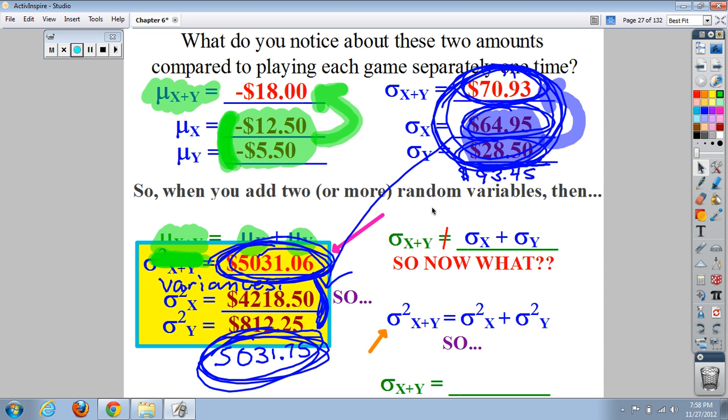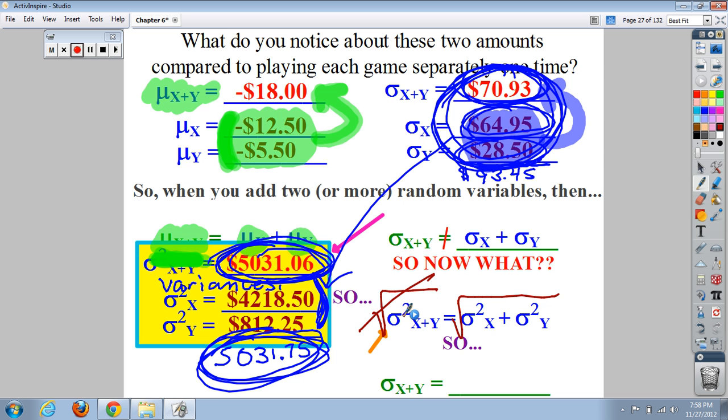So really it's not that you can add the standard deviations together, but you may add together the variances. Okay, if you add together the two variances, that it is equal to the variance of the combined random variable, x plus y. So if we want to figure out what the standard deviation is, then what we're going to have to do is basically use a little algebra here. If I want to go from this to this, how do I get rid of a square? We're going to have to square root both sides.